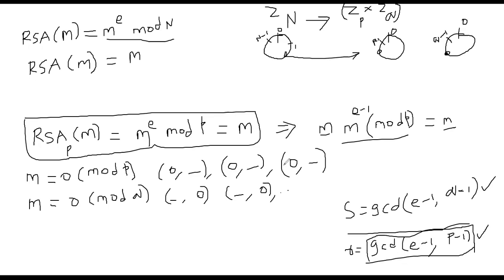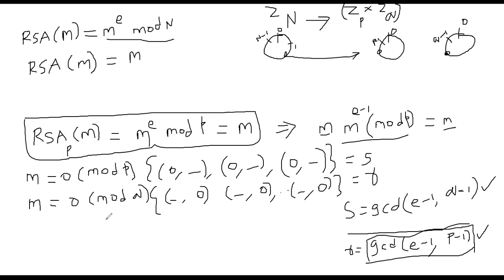So if I count this set, this set cardinality will be as follows. We do know there are S fixed points for mod Q and R fixed points for mod P. So now we can compute the overall fixed points for mod N as follows.